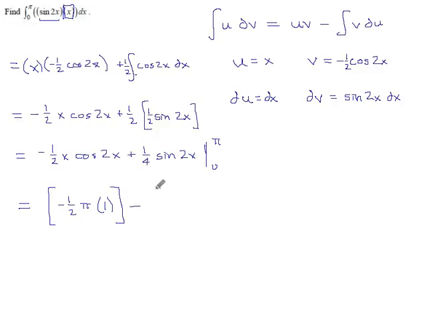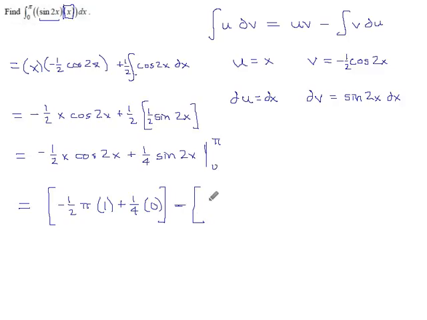Oh, sorry, that's just the first term. Okay, so I put pi into this. I get minus 1/2 pi times cosine 2 pi plus 1/4 of the sine of 2 pi, which is 0. So actually I could have gotten away with forgetting that term, but it's better to not do that.